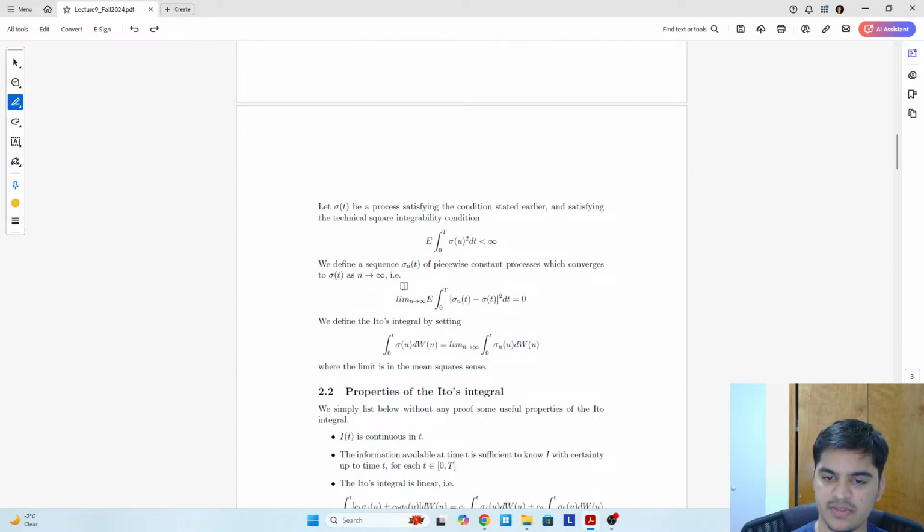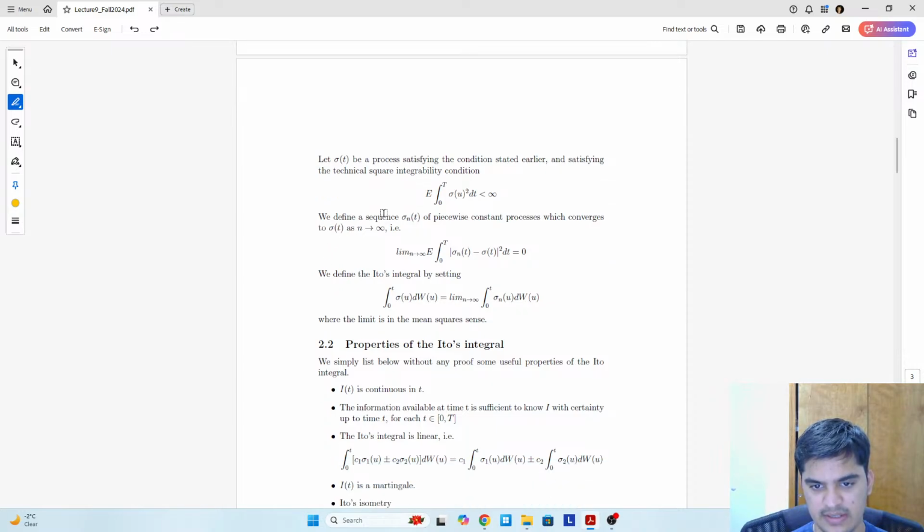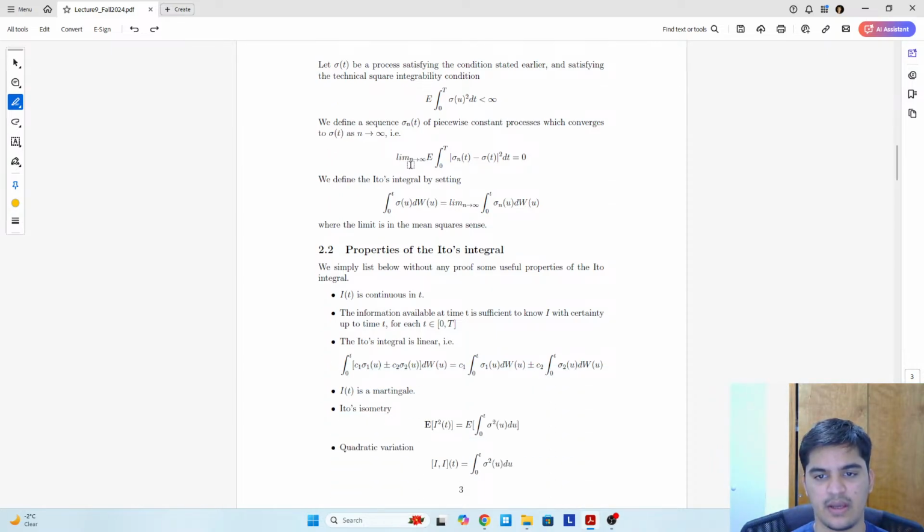We define a sequence sigma_n(t) of piecewise constant processes which converges to sigma(t) as n tends to infinity, that is, as n tends to infinity, E of the integral from 0 to t of |sigma_n(t) minus sigma(t)| squared dt equals 0.